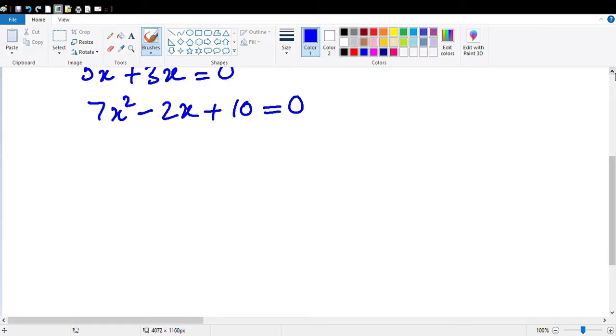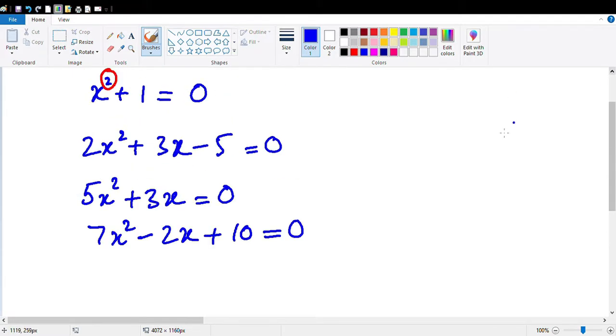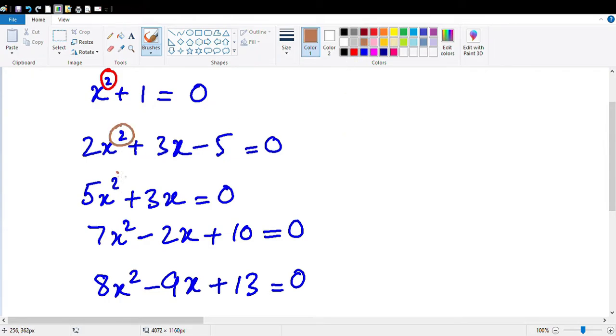You could have 8x squared minus 9x plus 13 is equal to 0. These equations are all quadratic. Why? Because of the squared variable. Square, square, square, square. So these are all quadratic equations.